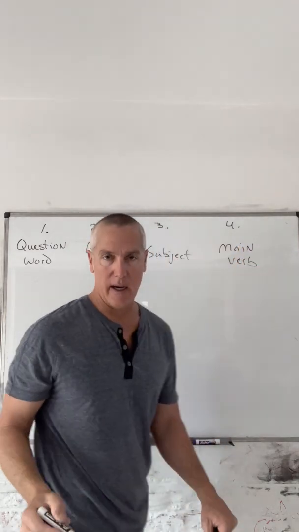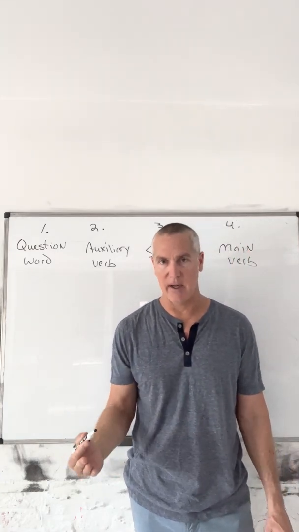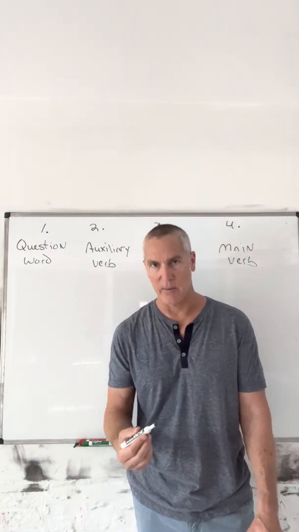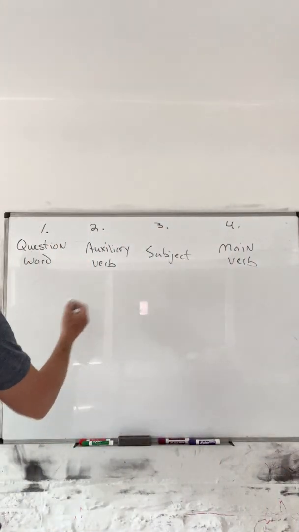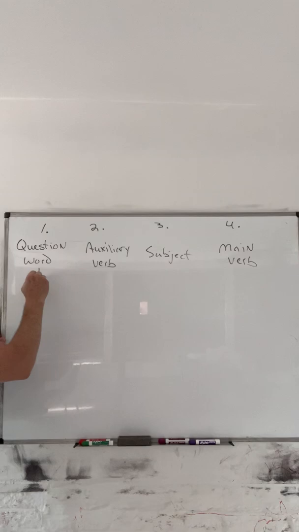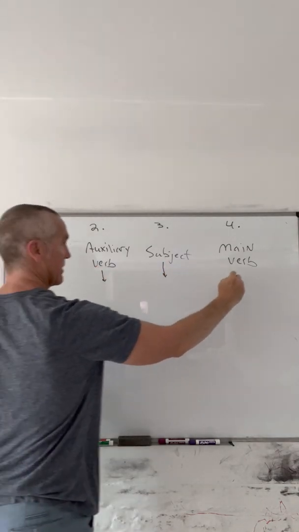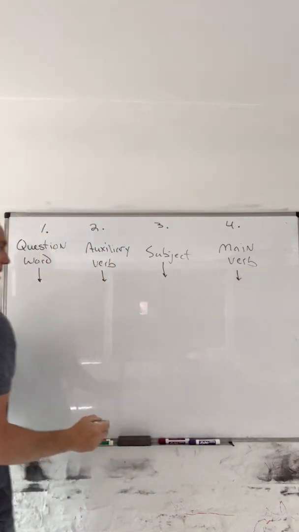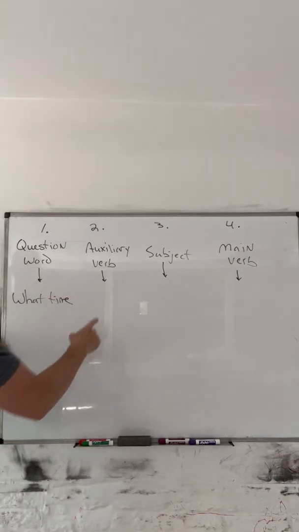This is, again, standard, very common. I'm sure that you're familiar with these information question words. So here we go, something like this. The question word goes right here, then the auxiliary verb, the subject, and then the main verb. For example, question word: what time?